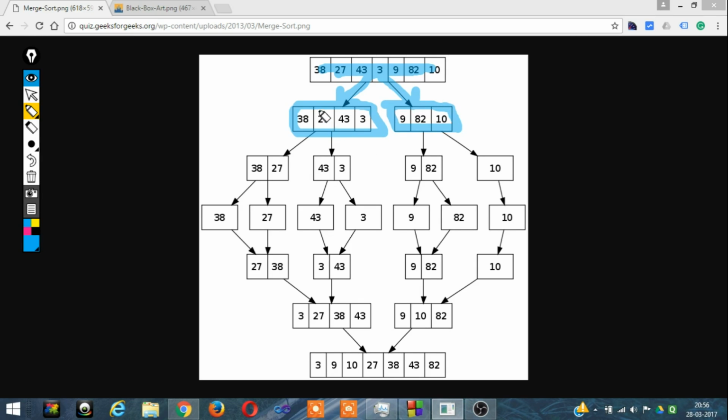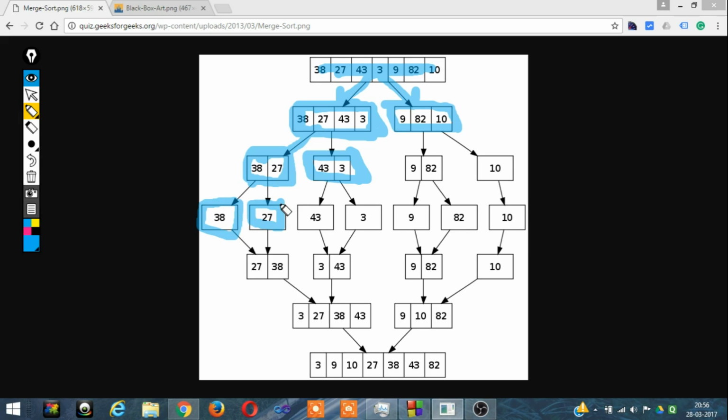Merge sort function on this subarray would further divide it into two other small arrays. Merge sort function on this subarray would also divide it into two other small arrays. Then again merge sort function is called on these subarrays, breaking them into further subarrays.